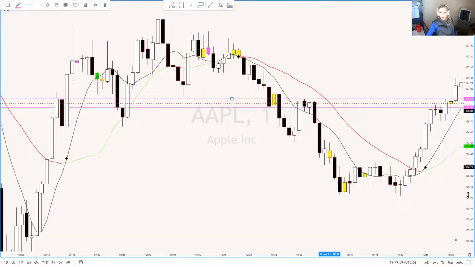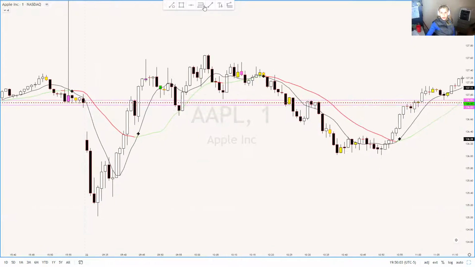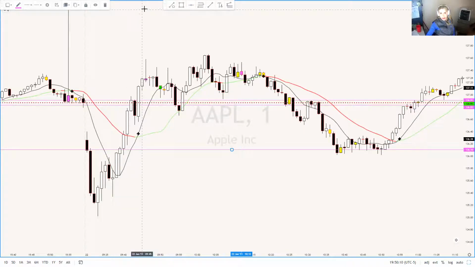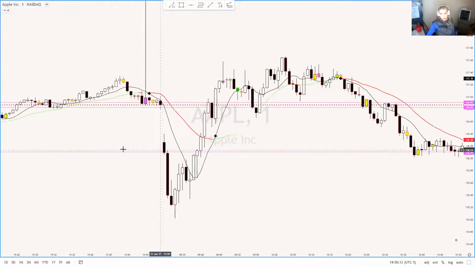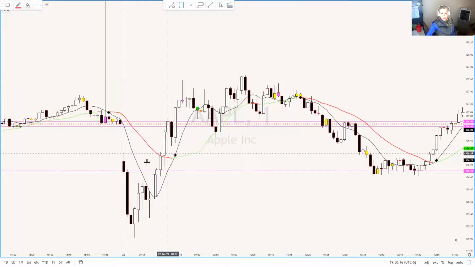So how do we then determine magnitude? Well, looking at this on the 1 minute, I can see my magnitude is going to be right in this area. And how do I know that?